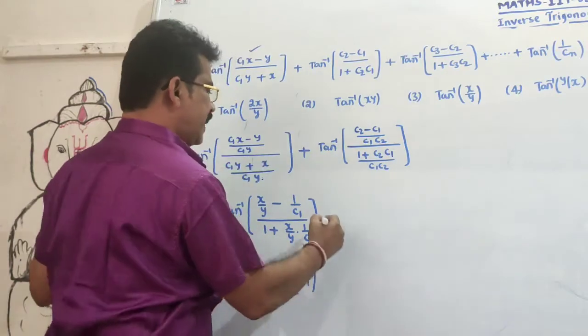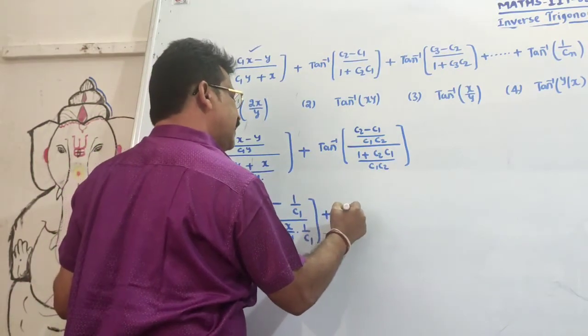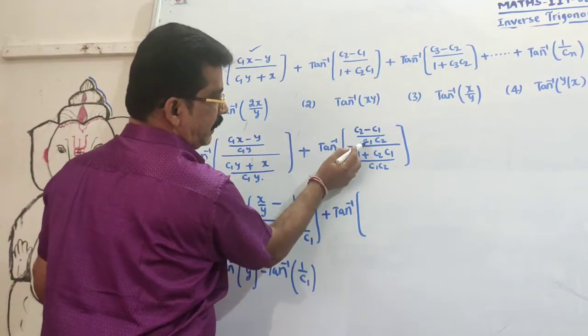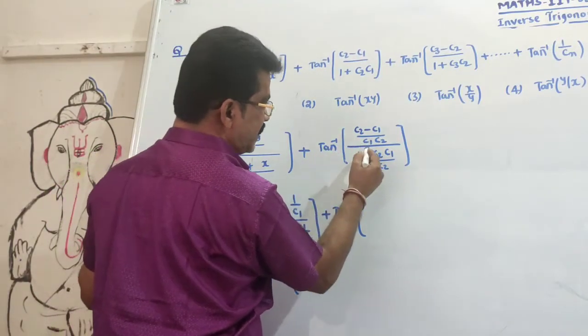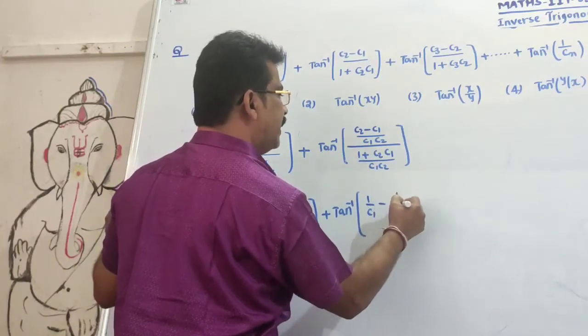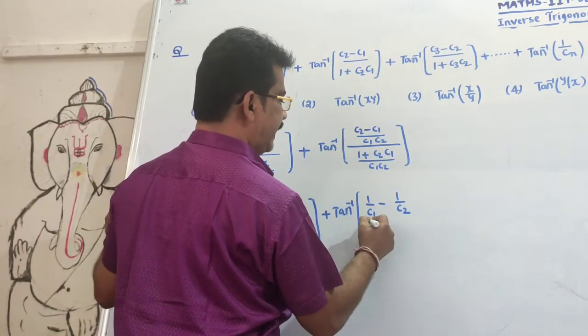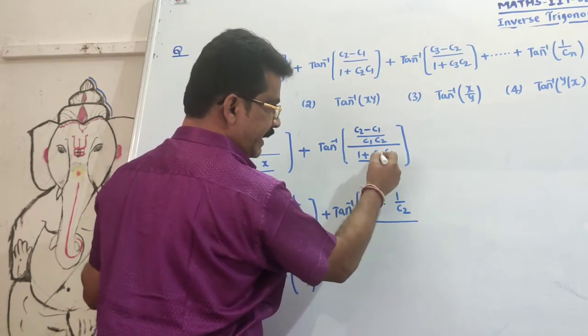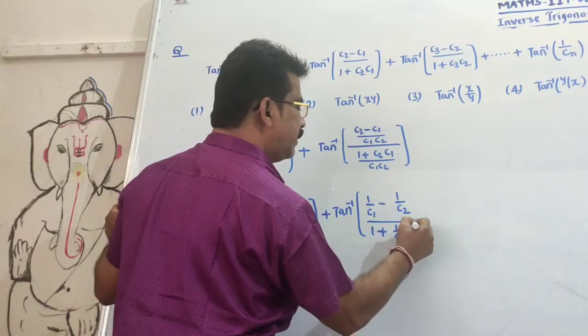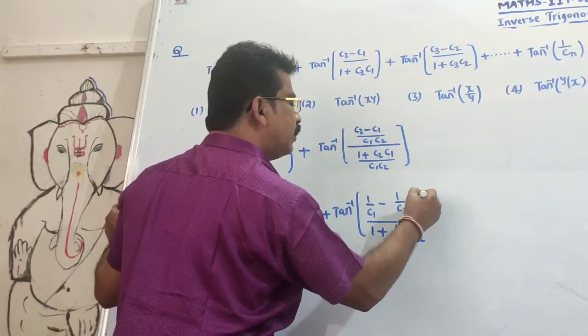In the next step, it is tan inverse of: on separating the fractions, C2 cancels, it is 1 by C1 minus 1 by C2, divided by, C1 C2 cancels, 1 plus 1 by C1 into 1 by C2.